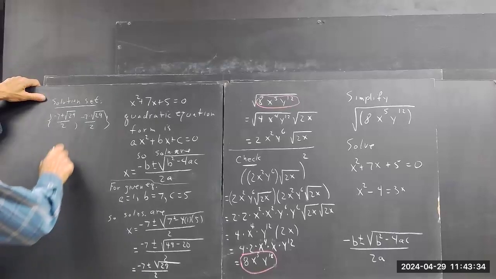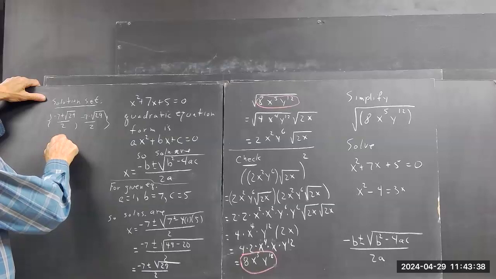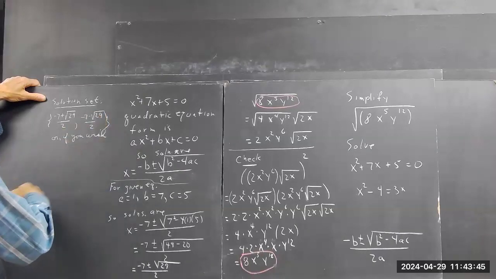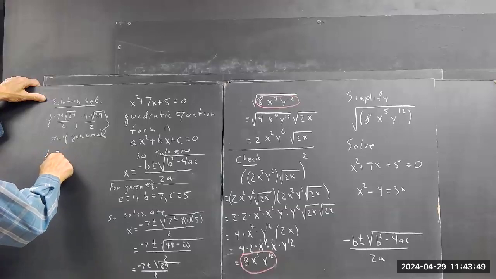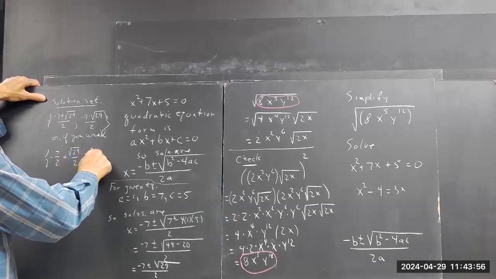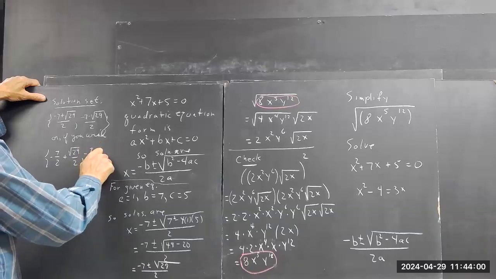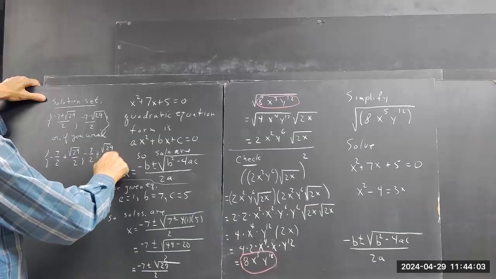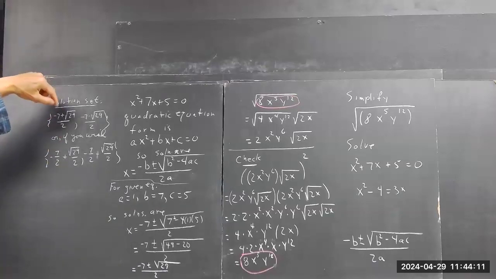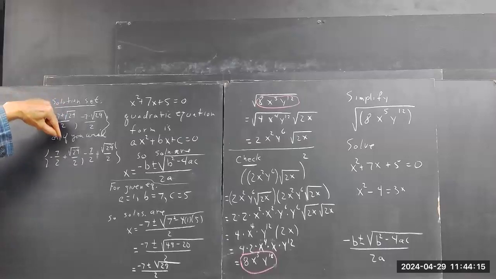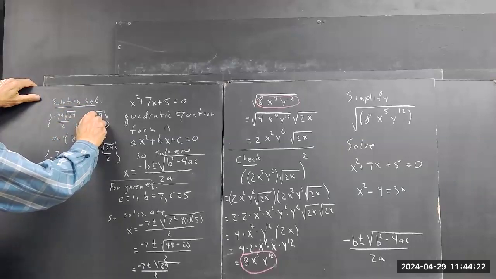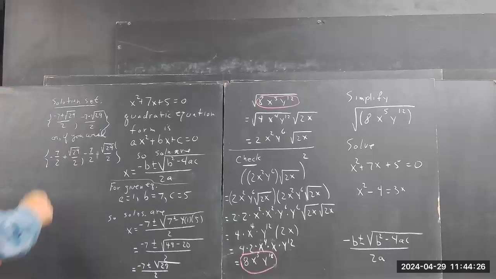Sometimes you could also write it this way, because division by 2 distributes over the addition: negative 7 over 2 plus the square root of 29 over 2, and negative 7 over 2 minus the square root of 29 over 2. There's your solution set.